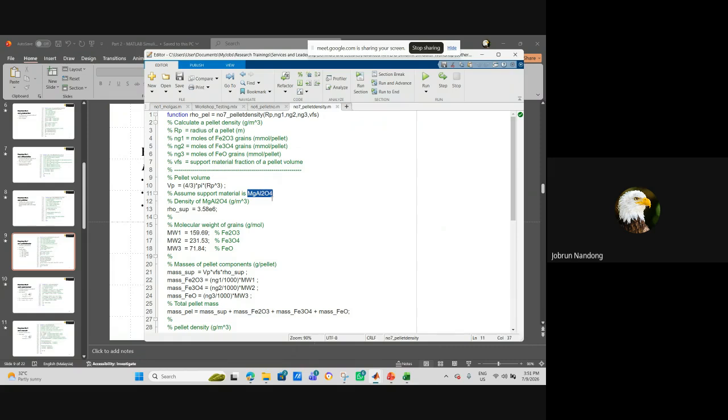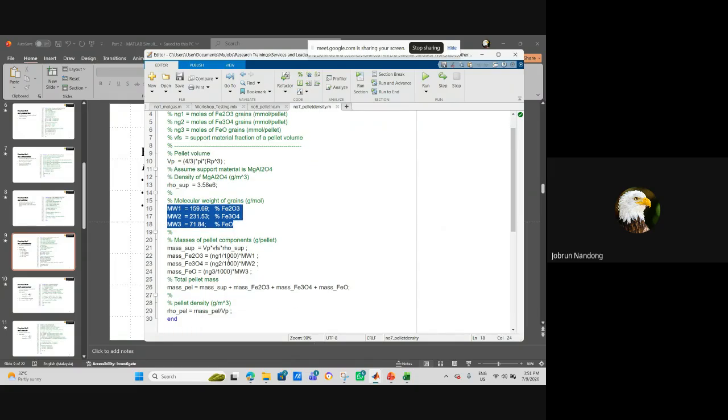One support material that can be used is magnesium aluminum oxide, MgAl2O4. Its density is 3.58 times 10 to the power 6 gram per meter cube.